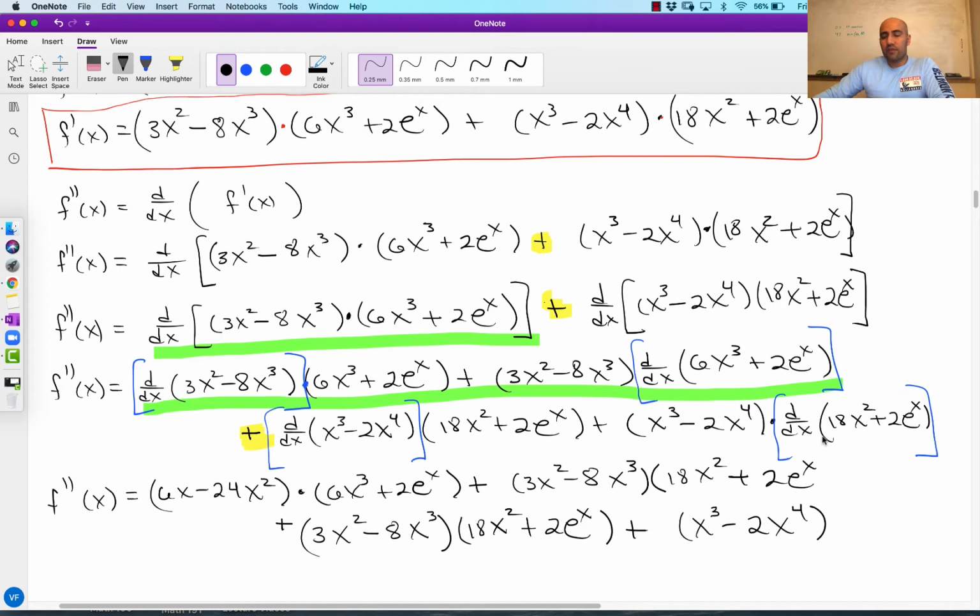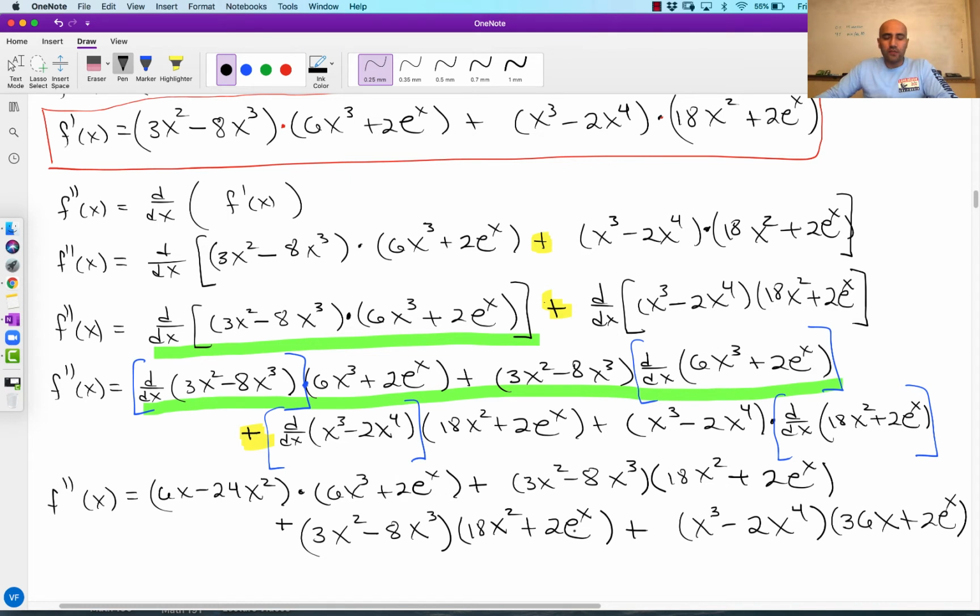Finally, the derivative of this last one will be equal to 36x plus 2e to the x. Whew. Okay, so can we simplify this? Can this be simplified?